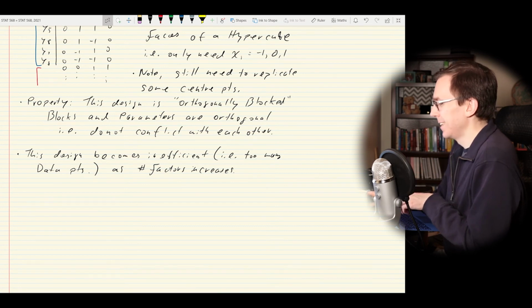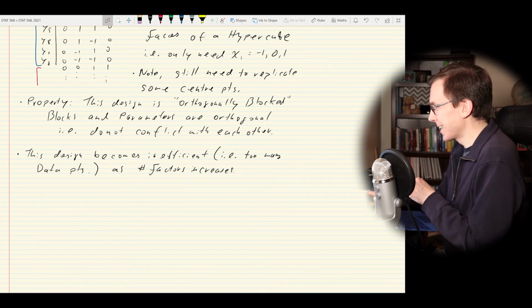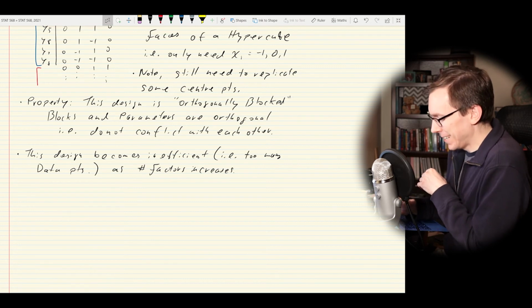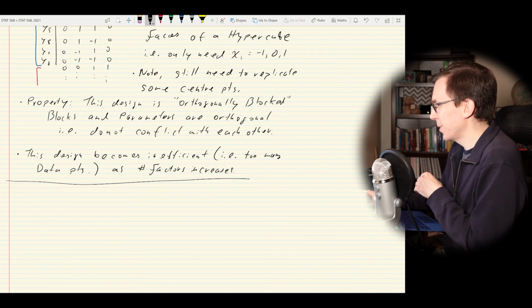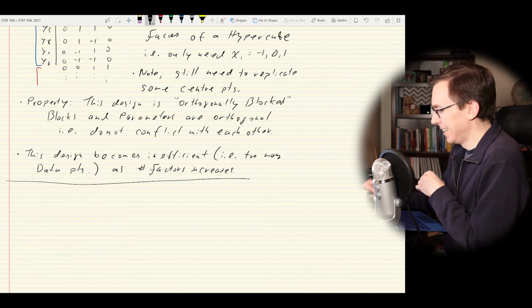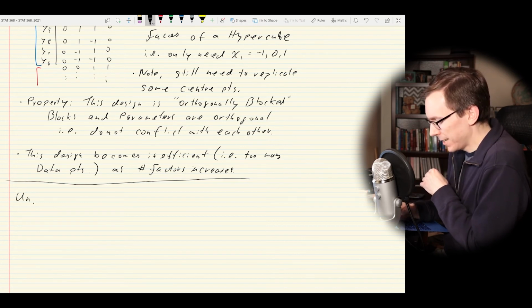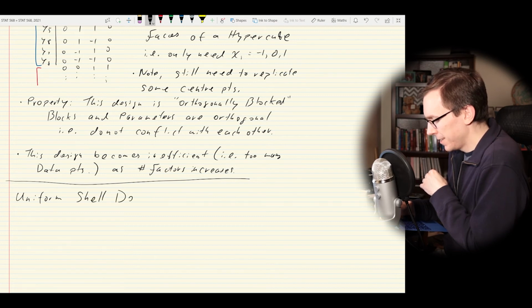All right. And the last design, I think, if I'm correct, we'll talk about today, is the uniform shell design.